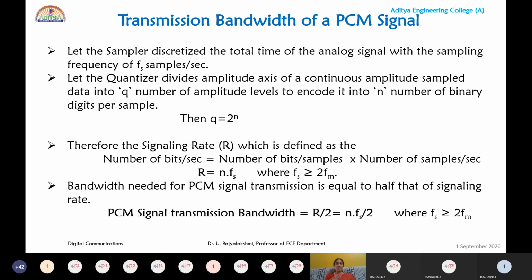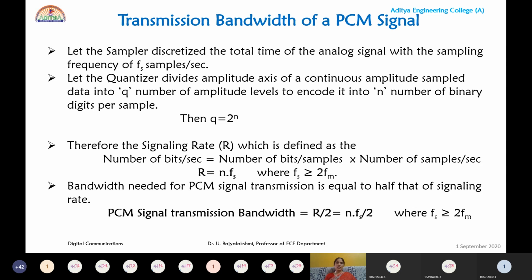So let us recollect once again the derivation for the transmission bandwidth of the PCM signal. From the first point, we are defining the sampling frequency of Fs samples per second. From the second point, we are going to the quantizer. The quantizer divides the amplitude axis into, let us assume, q levels. How can you define q? As 2 power n.